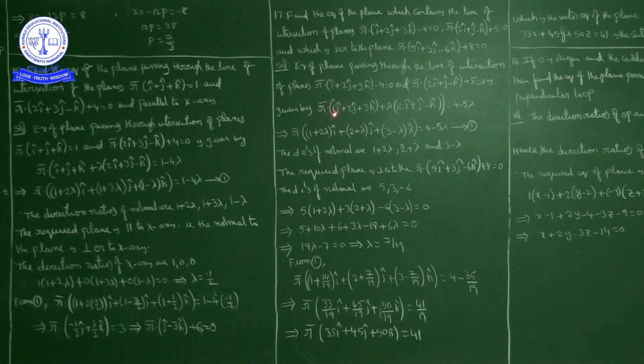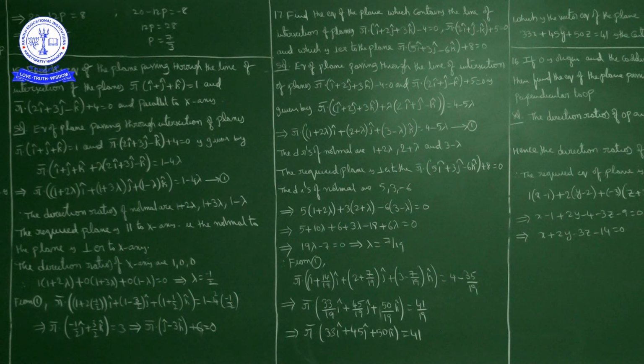So r bar dot n1 bar I cap plus 2j cap plus 3k cap plus lambda times of n2 bar is 2I cap plus j cap minus k cap is equal to d1 plus lambda d2. d1 is 4 plus lambda d2 is what, minus 5. So 4 minus 5 lambda.